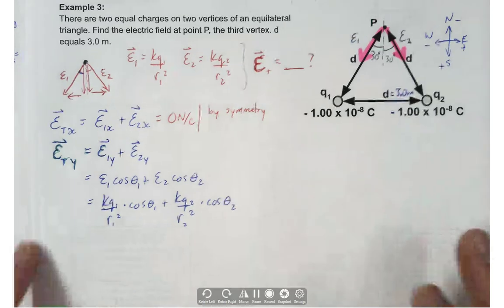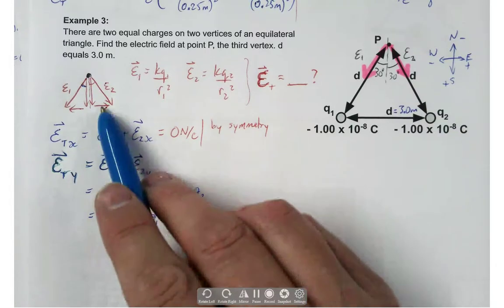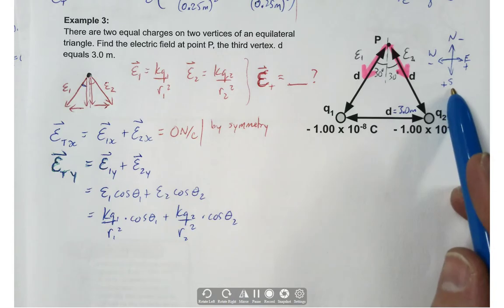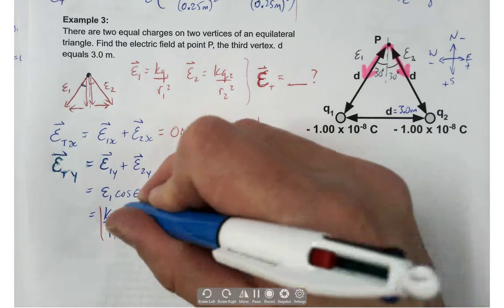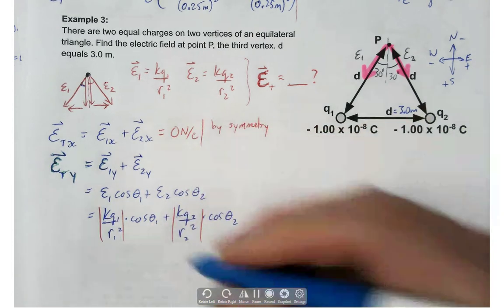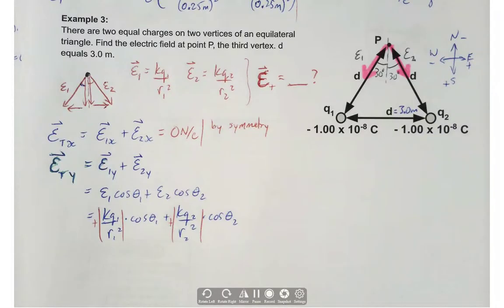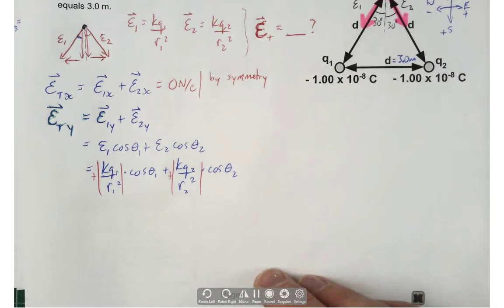Well, gosh, I'm looking at this and I'm realizing both of these are orienting south. So I called south positive. So it turns out that was a lucky stroke. So both of these, even after I put an absolute value around these, both of them end up being positive.